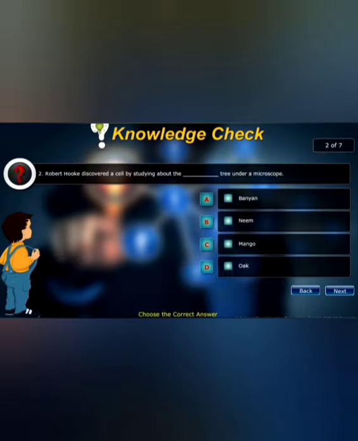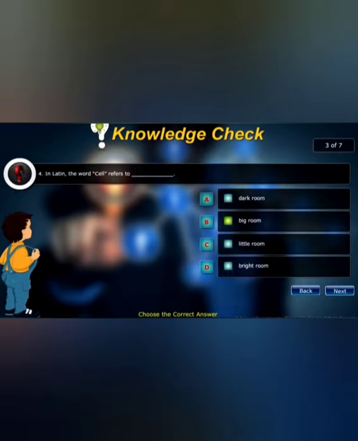Robert Hooke discovered a cell by studying about the dash tree under a microscope. Option A. Banyan. Option B. Neem. Option C. Mango. Option D. Oak.